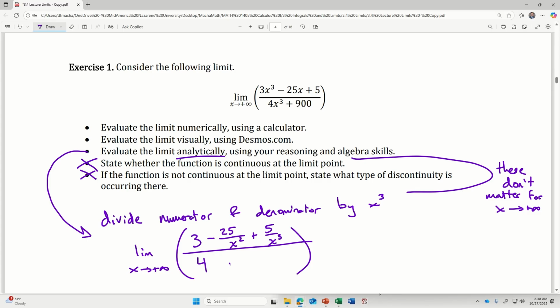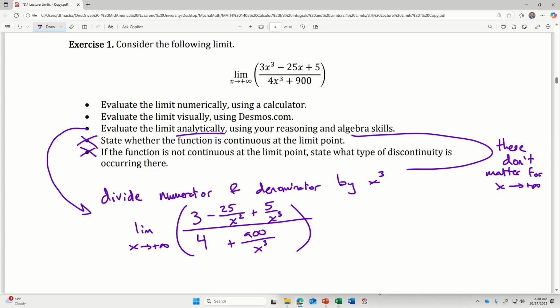And then 900 divided by x cubed. Well, in the limit, when I allow x to approach infinity, anything that's divided by x is going to shrink to 0. So the answer here is 3/4.